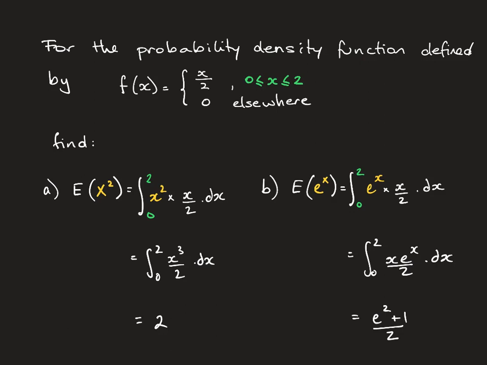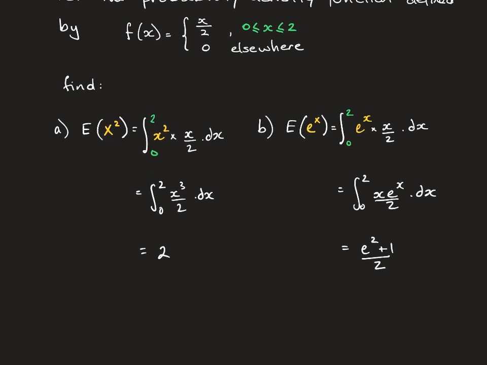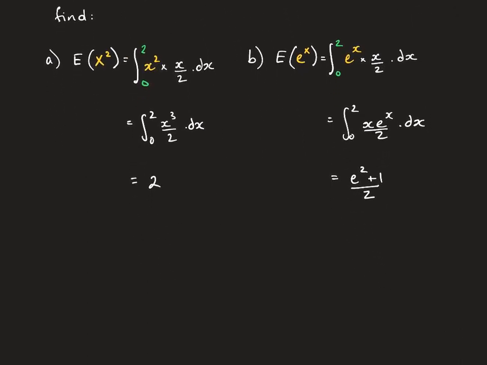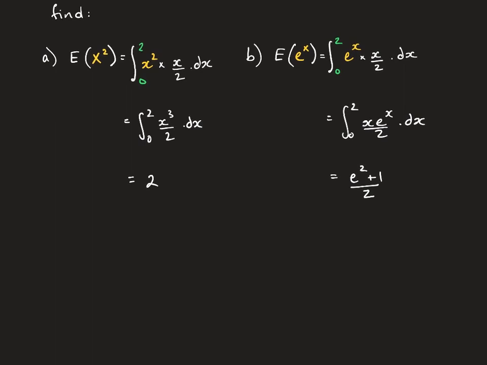Now, you might be thinking, can I just find e of x and do something to it to find the expected value for the function? So let's have a look at the relationship between e of x and e of a function of x.